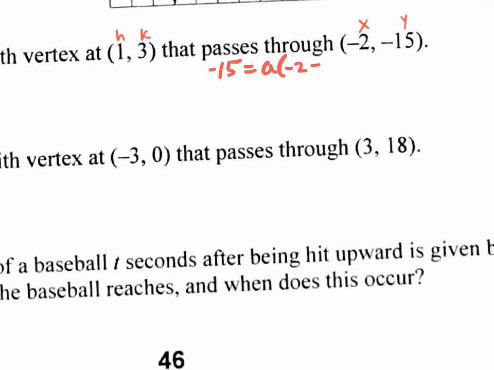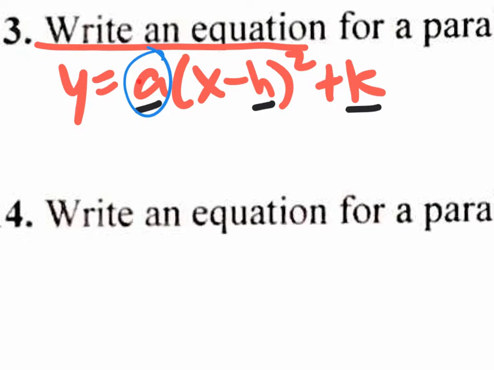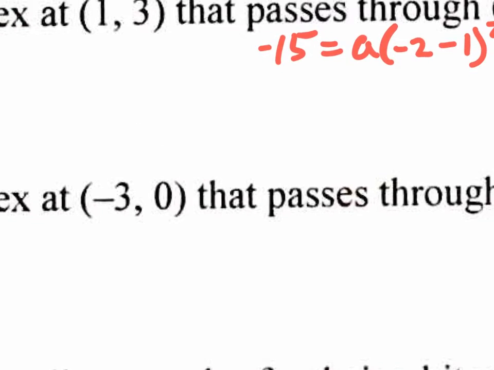Minus H, minus 1, close parenthesis squared, plus K. What is K? 3. Does everybody understand what I just did right there? I plugged in the H, the K, the X, and the Y all into this guy right here. And the only thing I have unknown is the A. So I'm plugging in what I know to find out what I need.